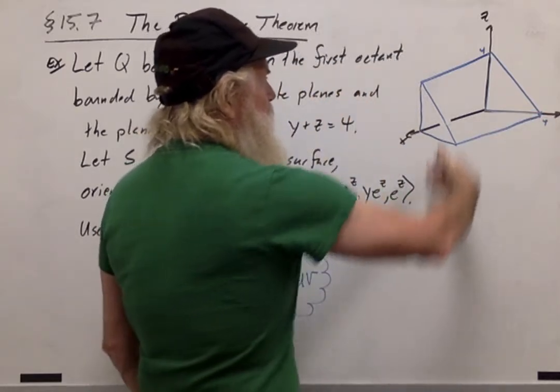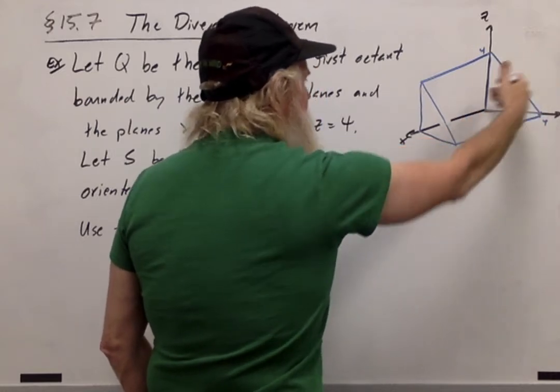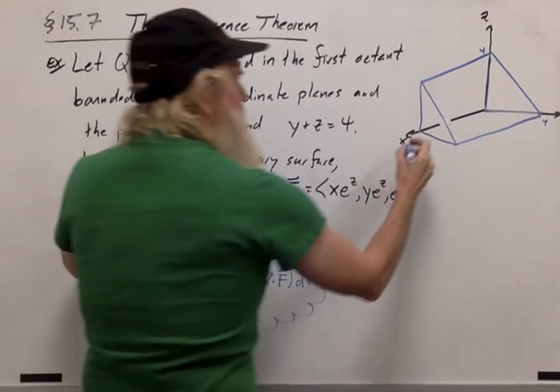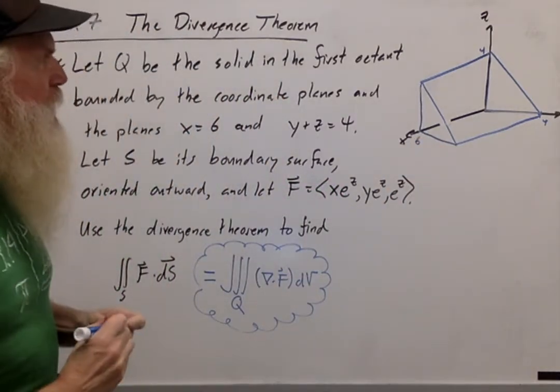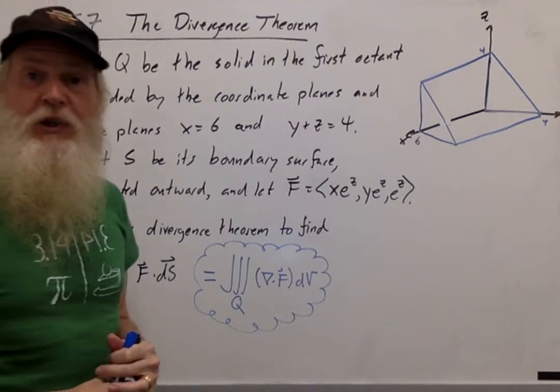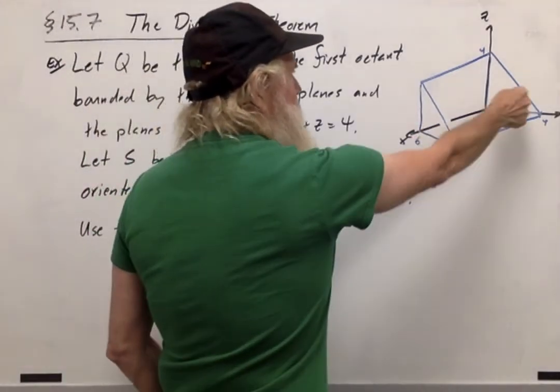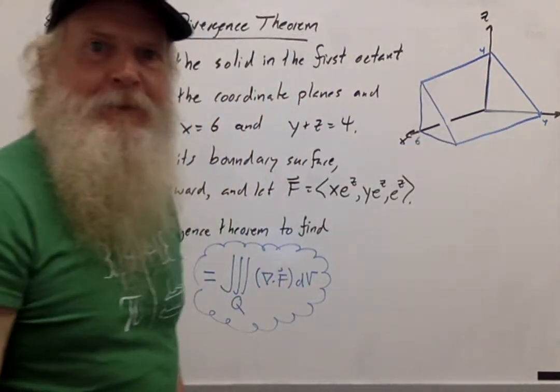And it's also cut off on the back by x equals 0, the yz plane, and on the front by the plane x equals 6. So it's not an awesome picture, but the picture you should have in mind is a triangular prism. So triangular faces on the front and back, rectangles on the remaining 3 sides.